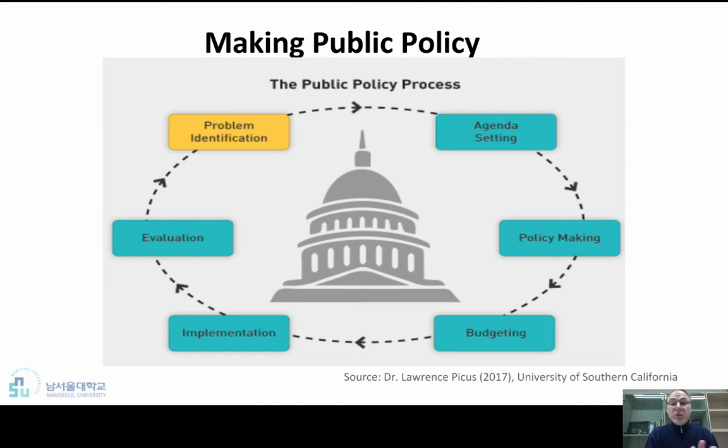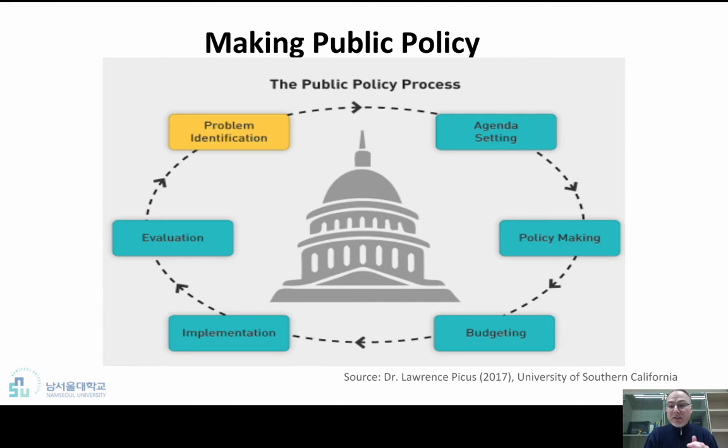Then from the budgeting process to the implementation process, a solution is selected and it is implemented in response to this problem. The implementation phase, of course, can be affected by any of these other phases of the public policy process, but the implementation phase is really just one step in many throughout this cycle.